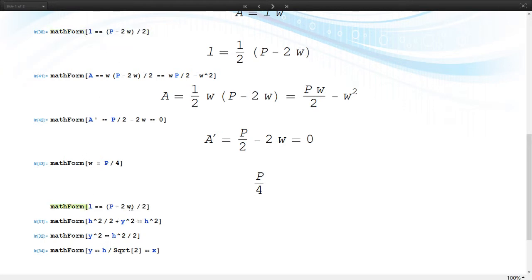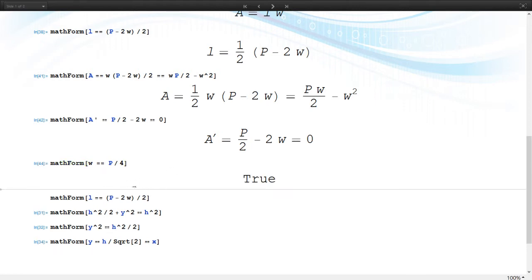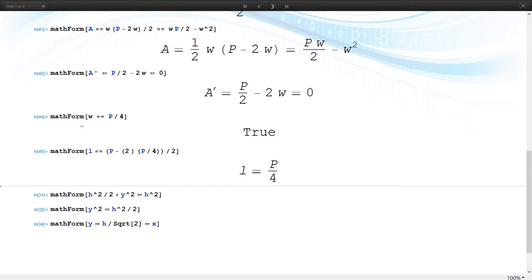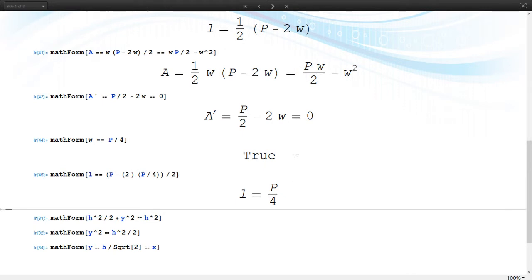And we plug in our value of W. So that simplifies to L equals P over 4, but that's the same value as W. W is P over 4, so that means that we have a square.